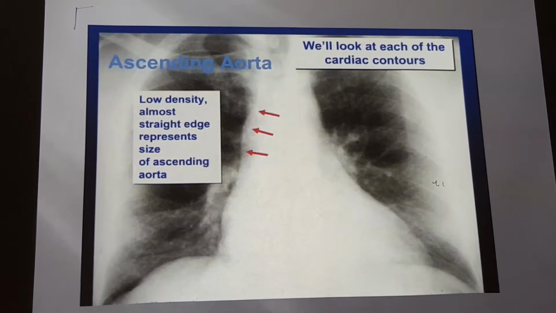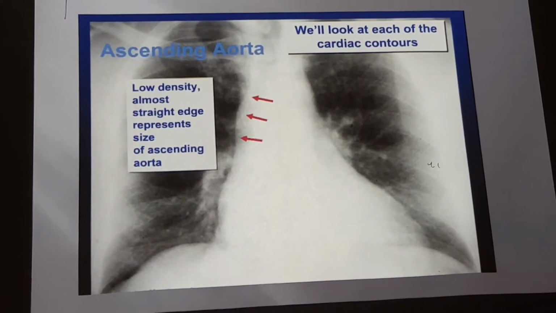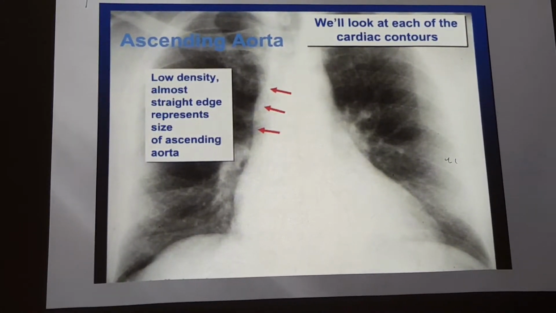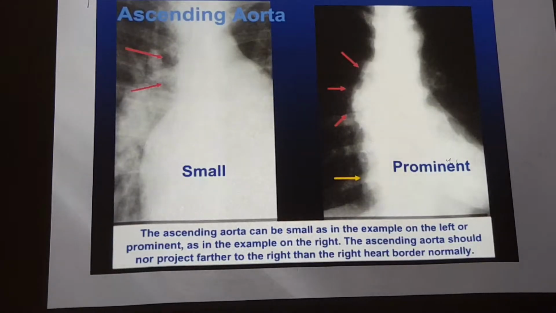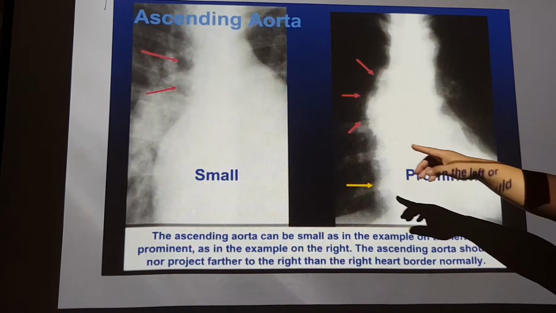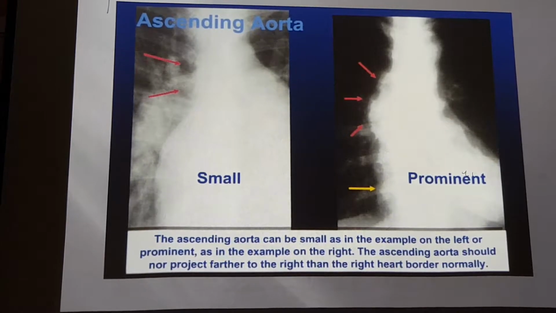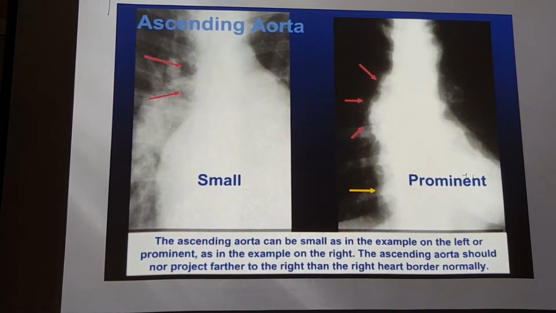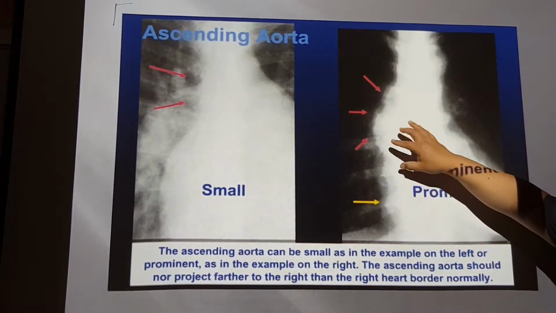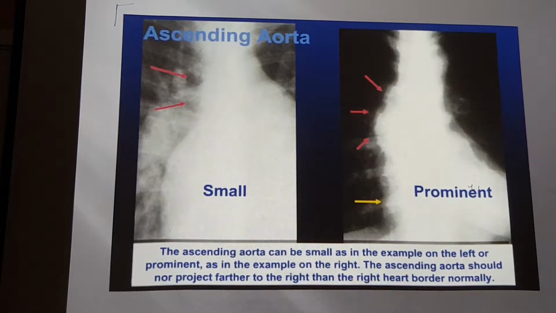So the ascending aorta is always low density with an almost straight edge. It should be straight. That represents the size of the ascending aorta. So next slide. Normally it should be small, like this one. And if it's prominent like this one, there should be a convexity. That's actually a prominent ascending aorta.